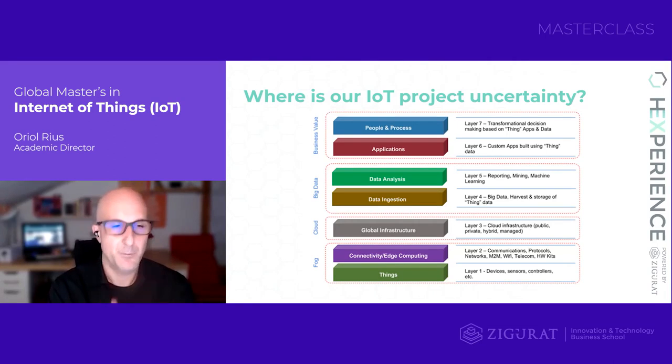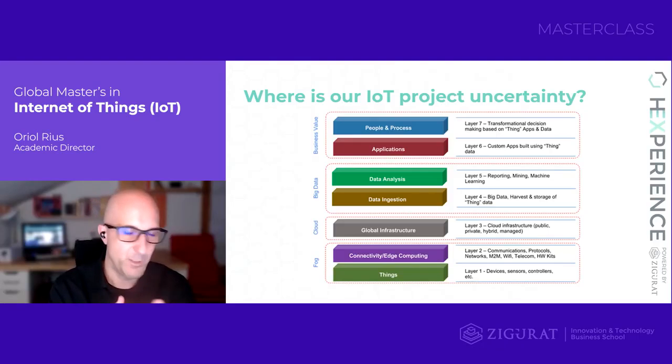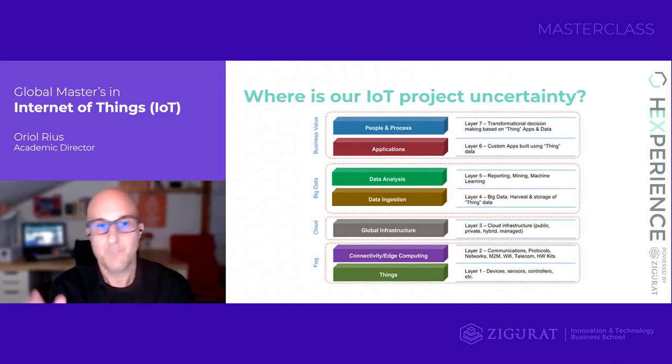So from the bottom up, layer one: which devices we are going to use, which sensors we are going to select, which are the best controllers for whatever our requirements are. After that, how those sensors are going to be connected, which communication technologies and protocols we are going to use. All of those are uncertainties from that fog computing stage.